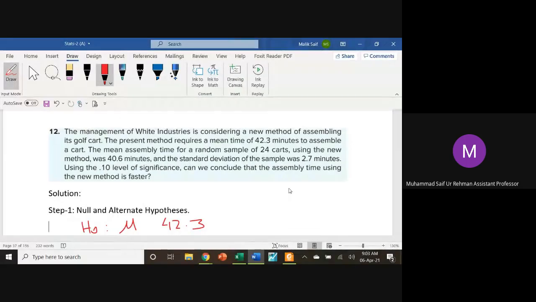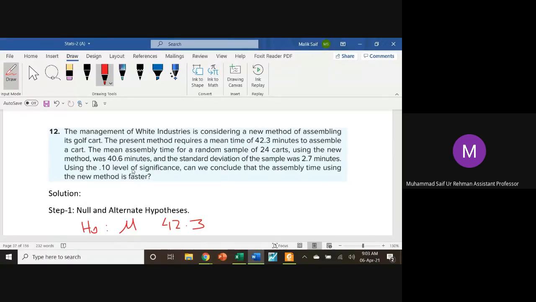So now see, 40.6 minutes using the new method. 40.6 minutes are required to assemble a card. So if you see, 40.6 is less than 42.3. So time has reduced, although the word faster is there, but the time has reduced.